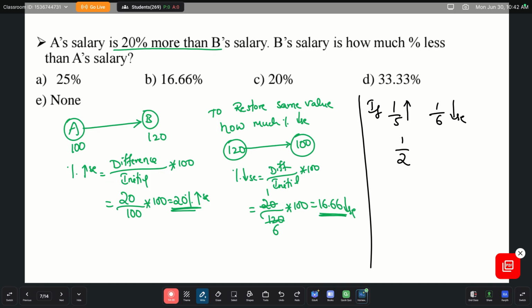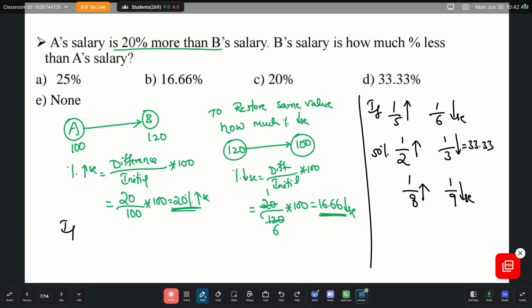If 1 by 2 is increase, and 1 by 2 is nothing but 50%, if 50% is increase, 1 by 3 has to be decrease. 1 by 3 is nothing but 33.33. If 1 by 8 is increase, how much percentage we need to decrease is nothing but 1 by 9 has to be decreased.